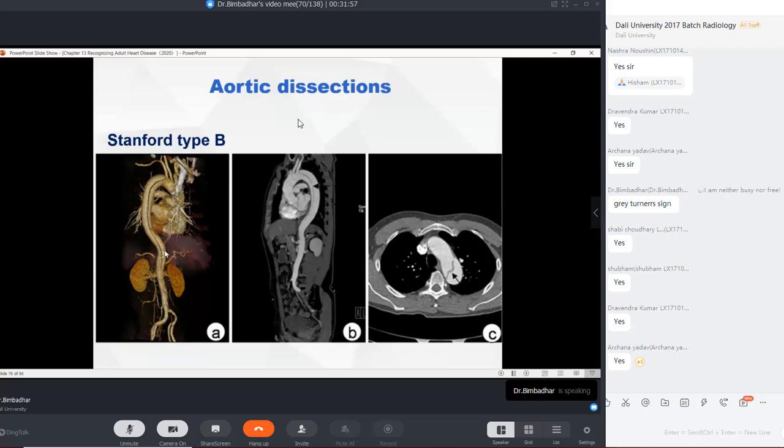Aneurysms and dissections are generally not diagnosed on ultrasound or on a conventional radiograph. So cerebral angiography, cardiac angiography, we call it angiography, or a contrast enhanced CT, CECT.